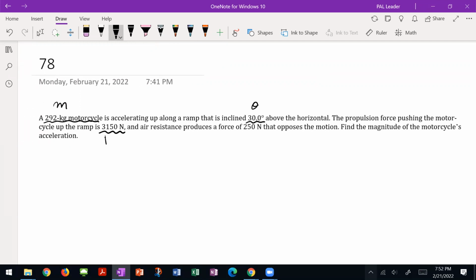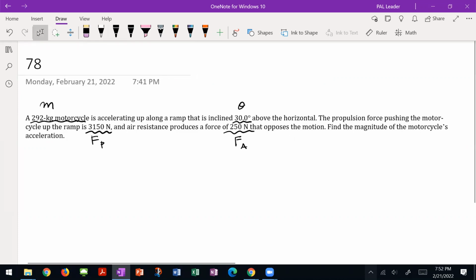I'm going to call that FP for propulsion, and air resistance produces a force of 250 newtons. Sorry, I'm getting tired. That opposes the motion. Find the magnitude of the motorcycle's acceleration.